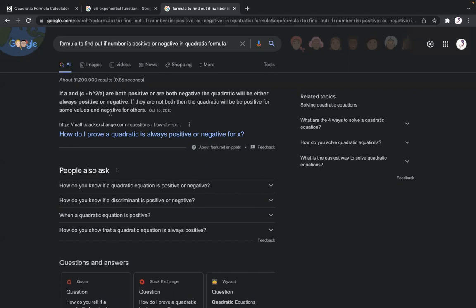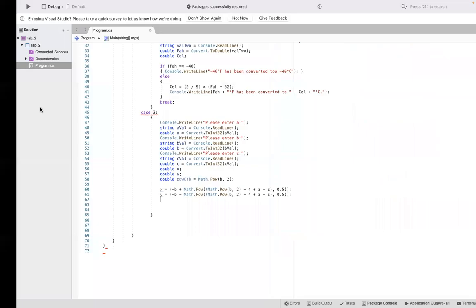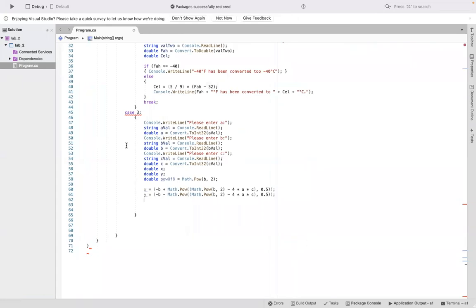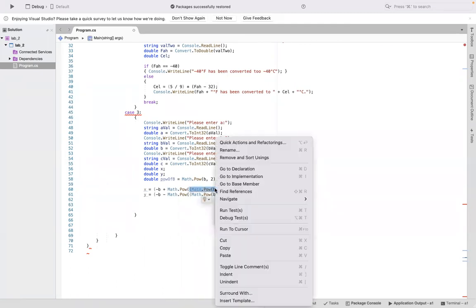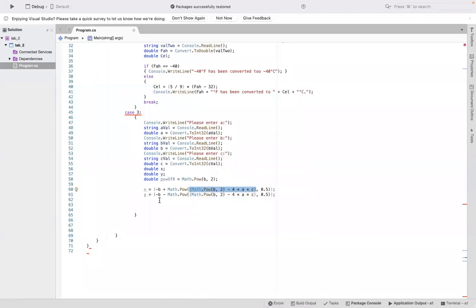Okay, so over here, actually, I was right. To know if it's positive or negative, we have to do the part under the root, that is b squared minus 4ac. So we're talking about this. Now we have to declare another variable. Let's call it anything, it can be c. And then what we're basically doing is just saying c equals b squared minus 4ac.